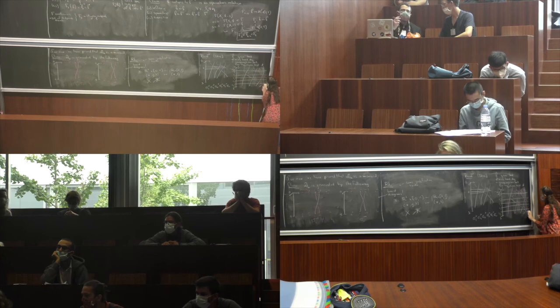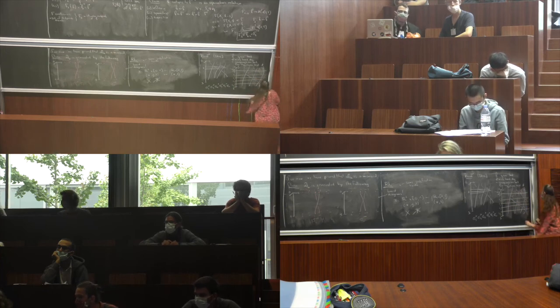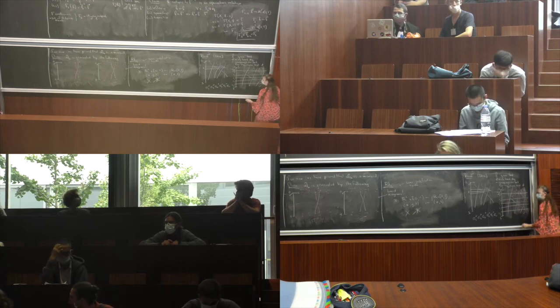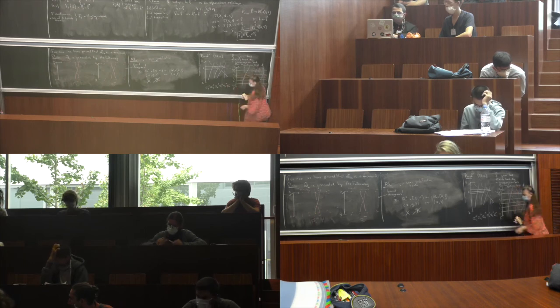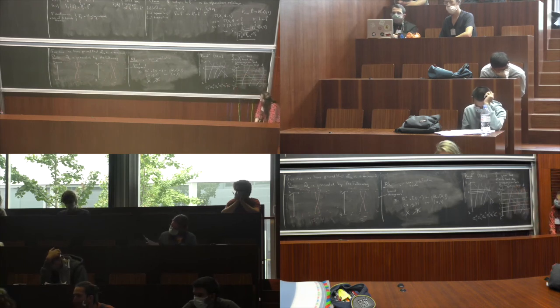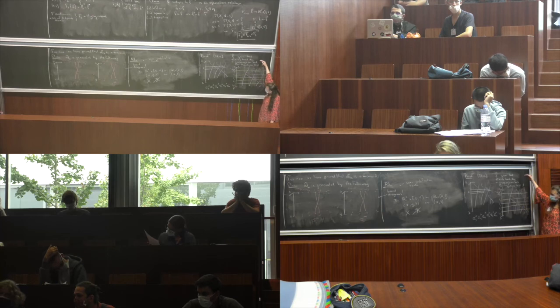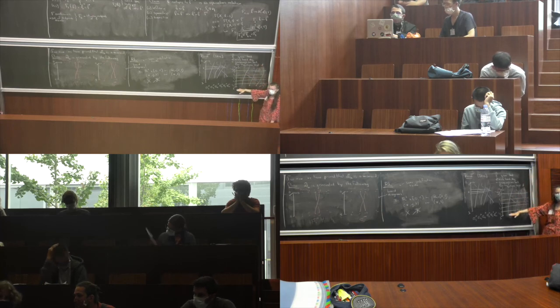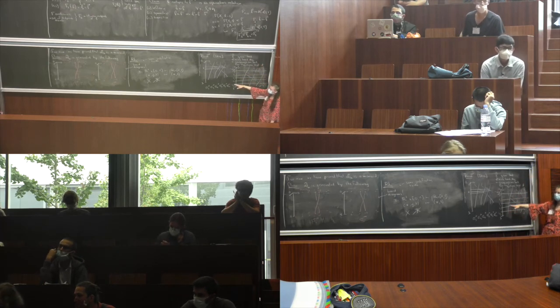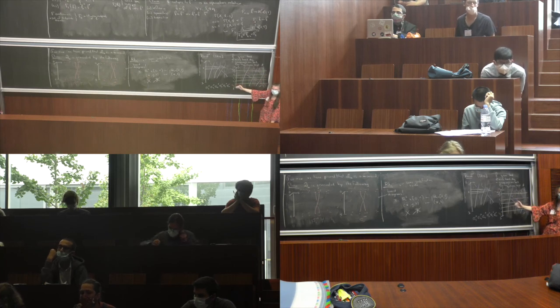It's an easy fix. So any braid you can now write as a product of these elements sigma I plus and sigma I minus.